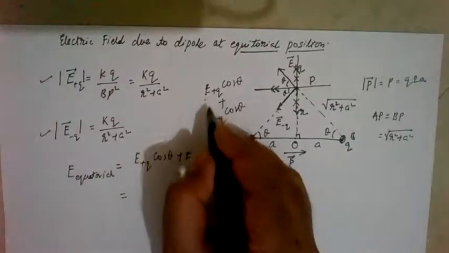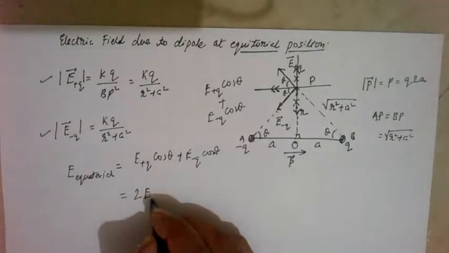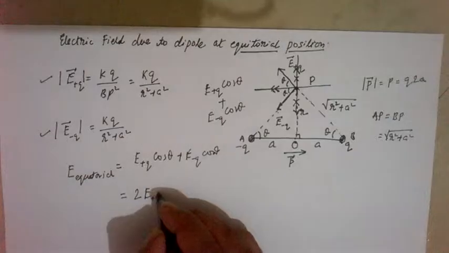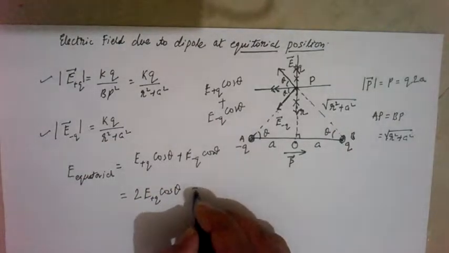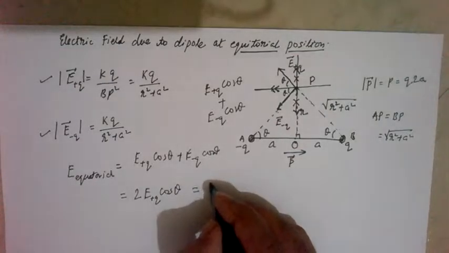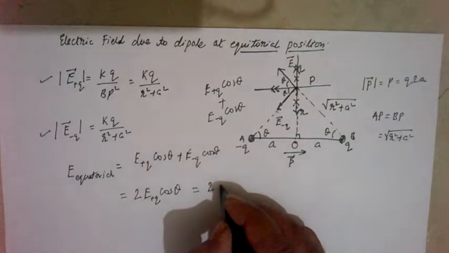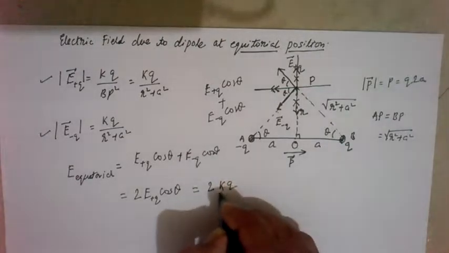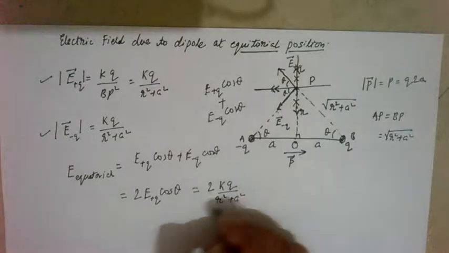Both are equal, so I can write it as 2E due to either charge into cos theta, which is 2 into kq upon r square plus a square.